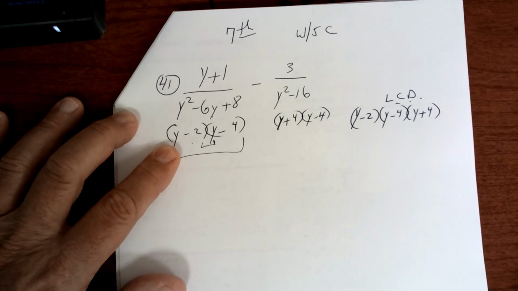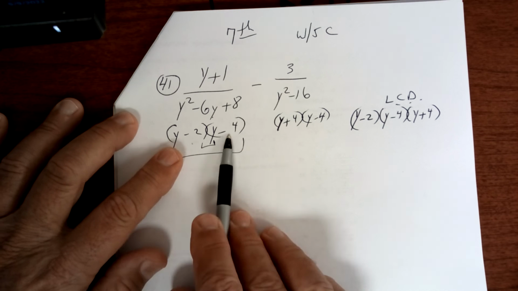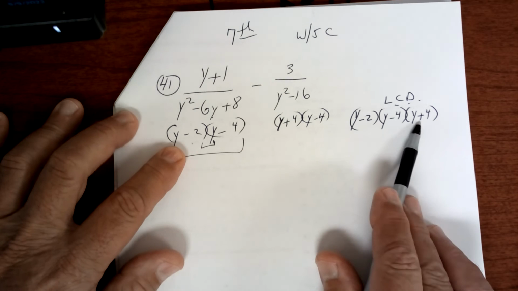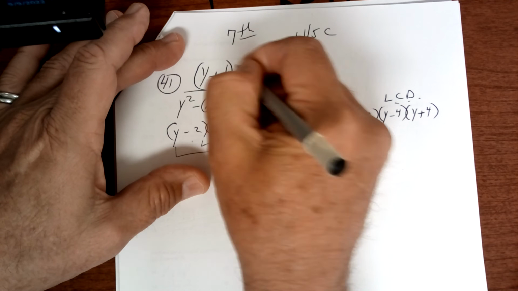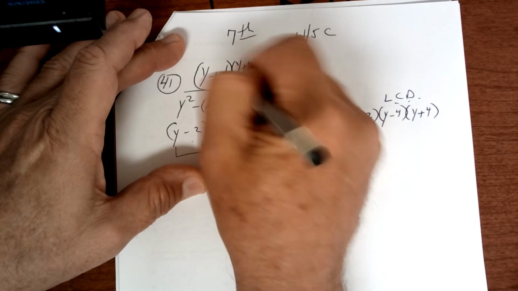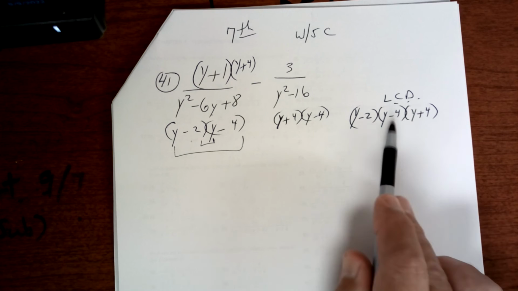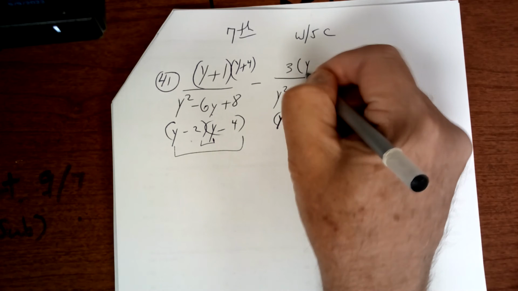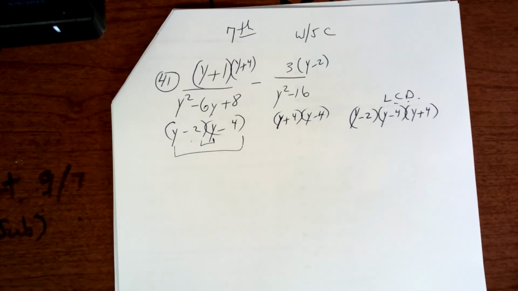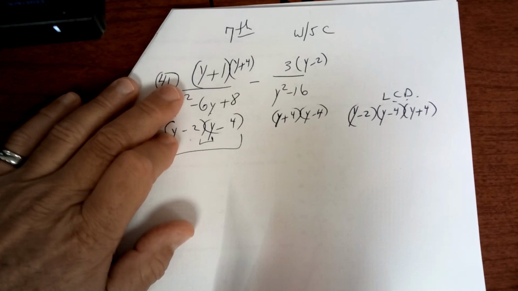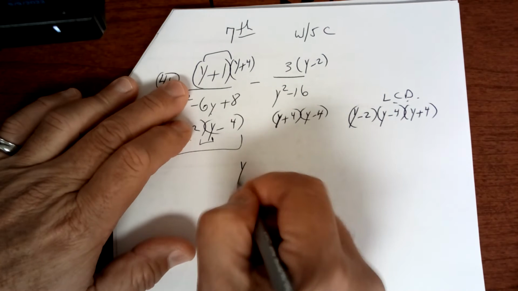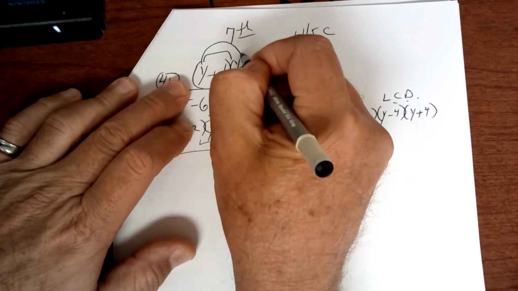So on this one, you have these two, you're missing the y plus 4. So you want to multiply by y plus 4, top and bottom. This one you have those two, you're missing the y minus 2. So you want to multiply top and bottom. Make sure you distribute that negative 3. So y times y is y squared. Y times 4 is plus 4y.